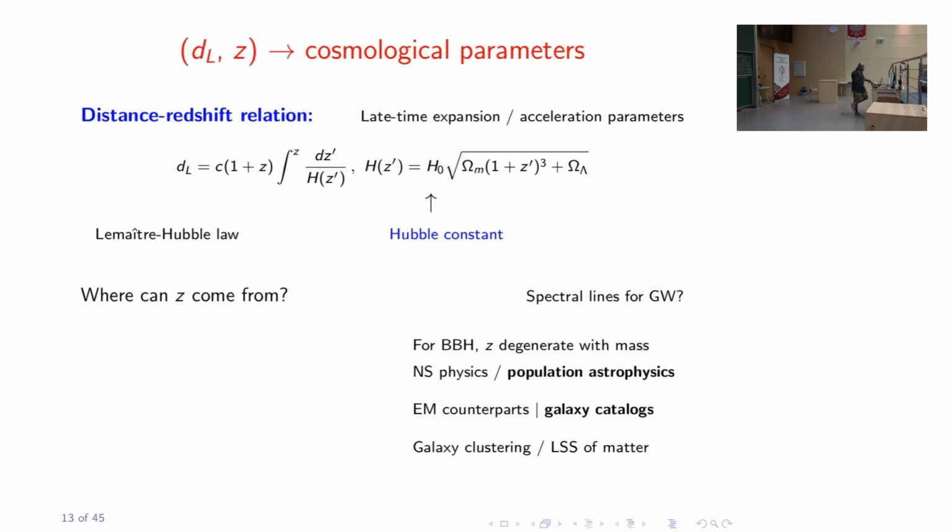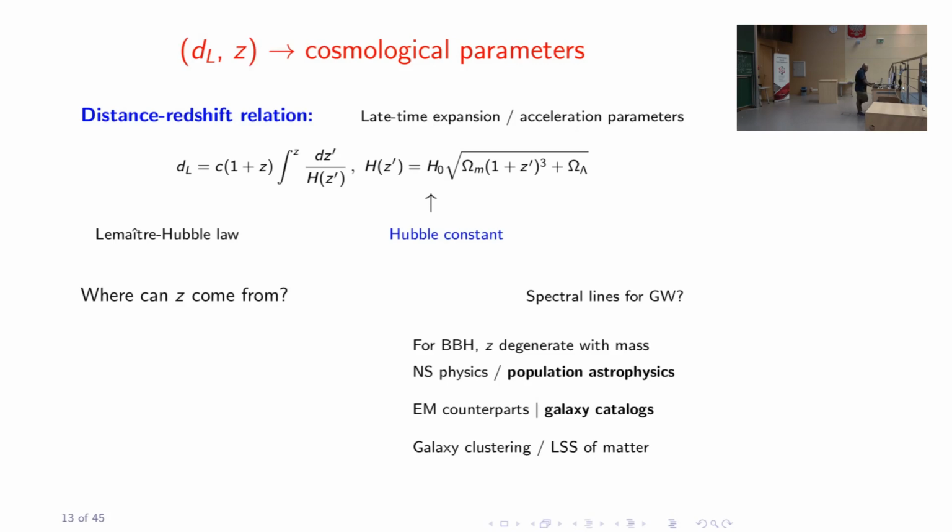I'm going to talk about redshift coming from galaxy catalogs in absence of counterparts. I'm going to spend quite some time on that. And I'm going to mention some other probes of redshift that can be used together with gravitational wave distance to obtain cosmological parameters.